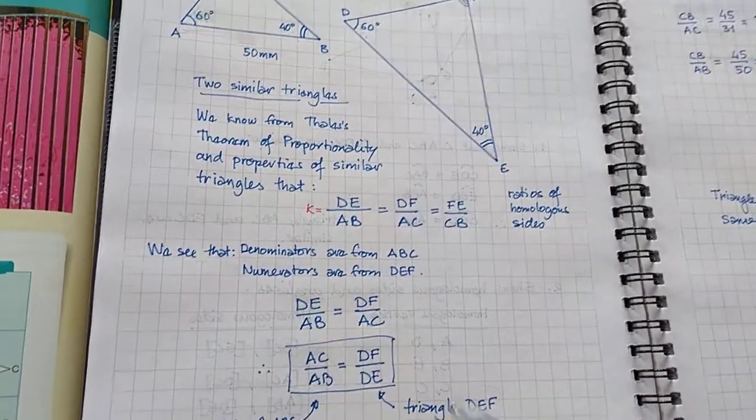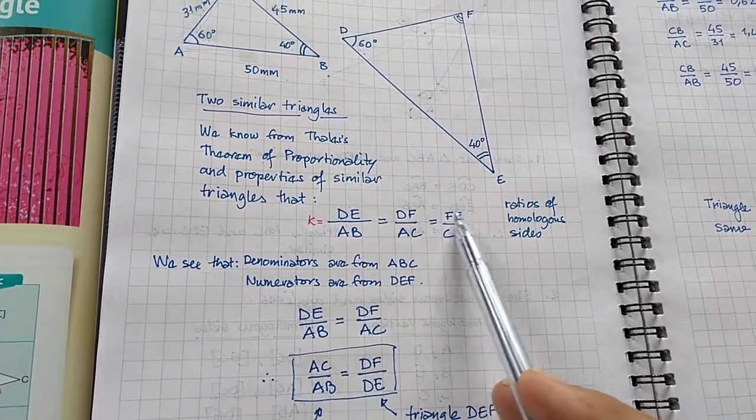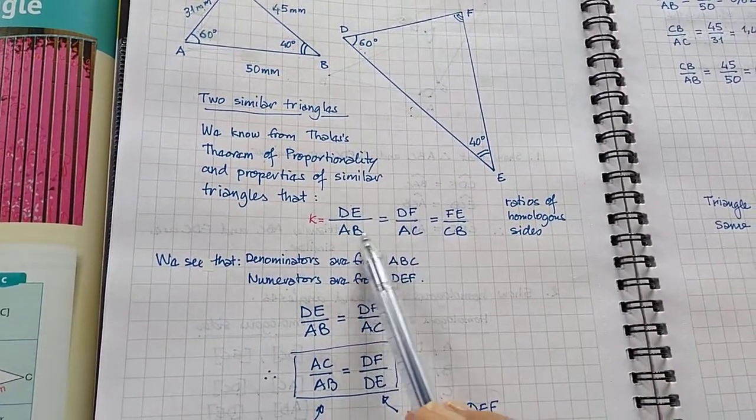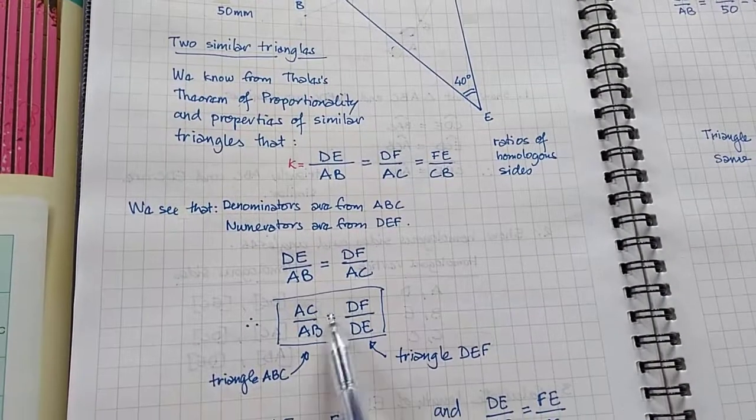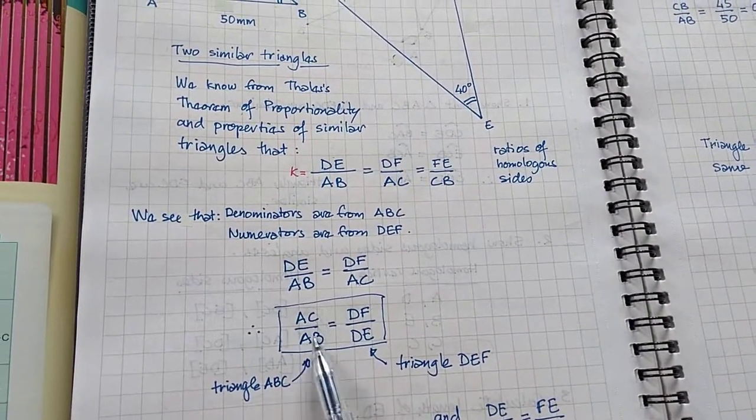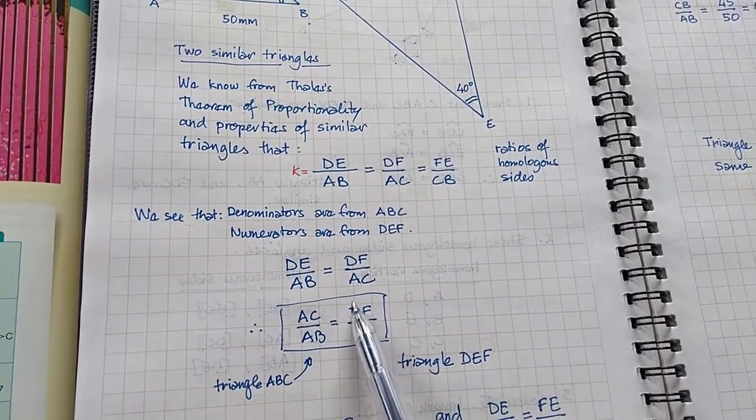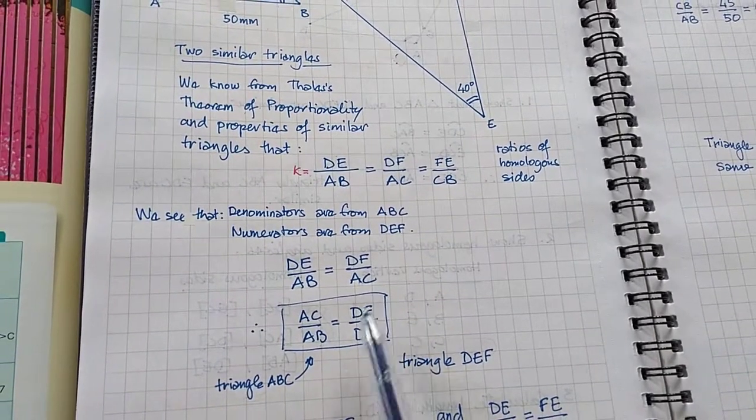Now you see, very interestingly, here we had all the numerators from one triangle, all the denominators from another triangle. Here we have separated it out. This is from triangle ABC, this is from triangle DEF.